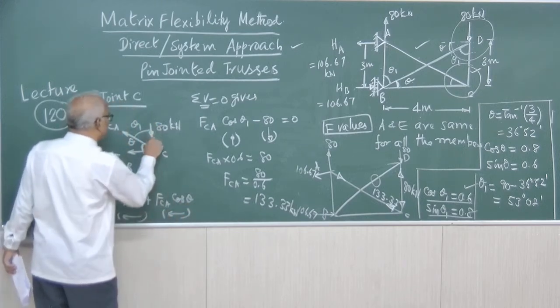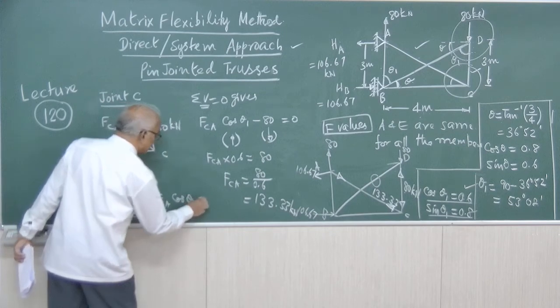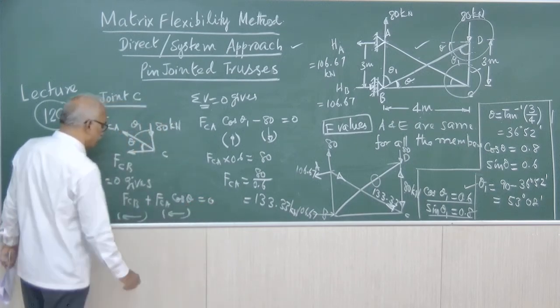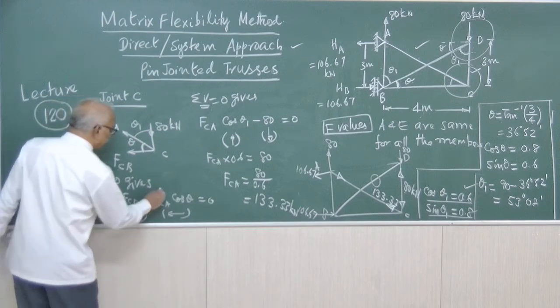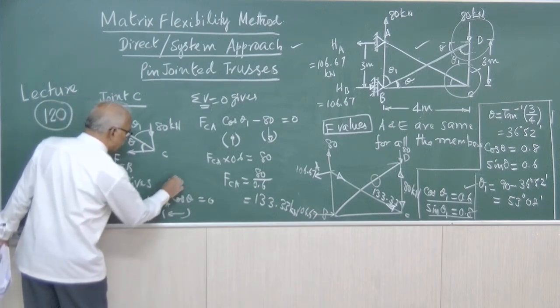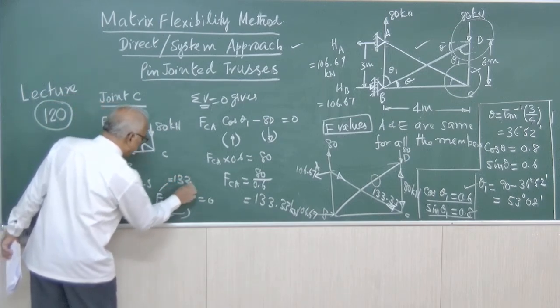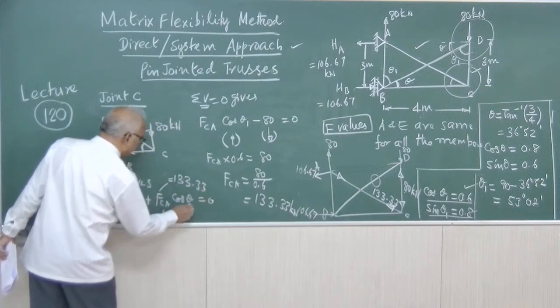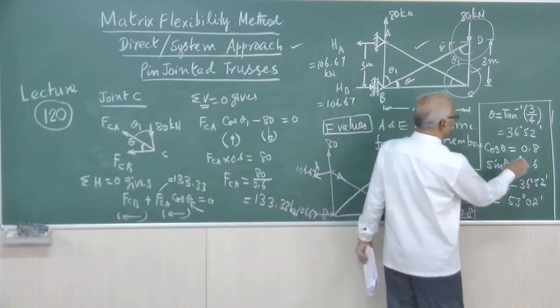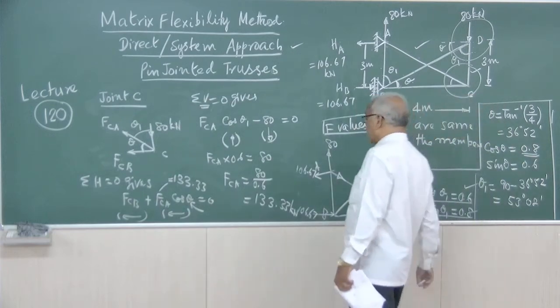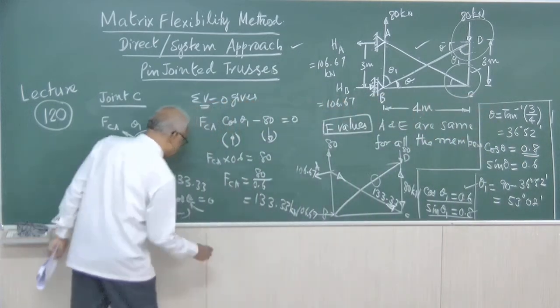This is a vertical member, that will not come into the picture. That will become 0 when multiplied by cos 90. So FCA, this value we have just got, 133.33 into cos theta. Cos theta is 0.8.